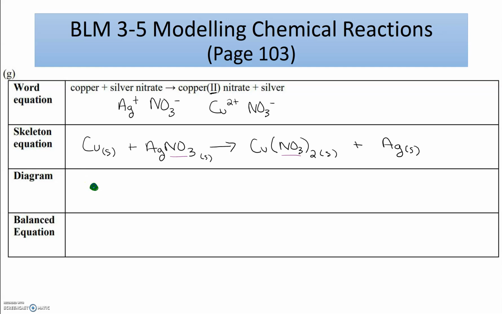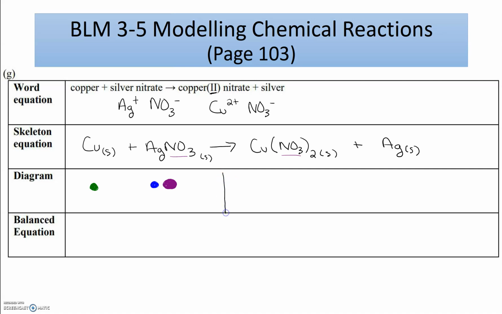And I've got 1 copper there as a reactant. For my other reactant, silver nitrate, I'm going to make silver blue, and I'm going to make nitrate purple. And I'm just going to make it a really big purple circle to represent that it actually is quite a big polyatomic ion there.